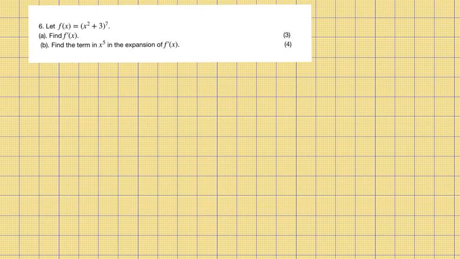Question 6. Let f of x equal (x squared plus 3) to the power of 7. Part A. Find f dash of x.